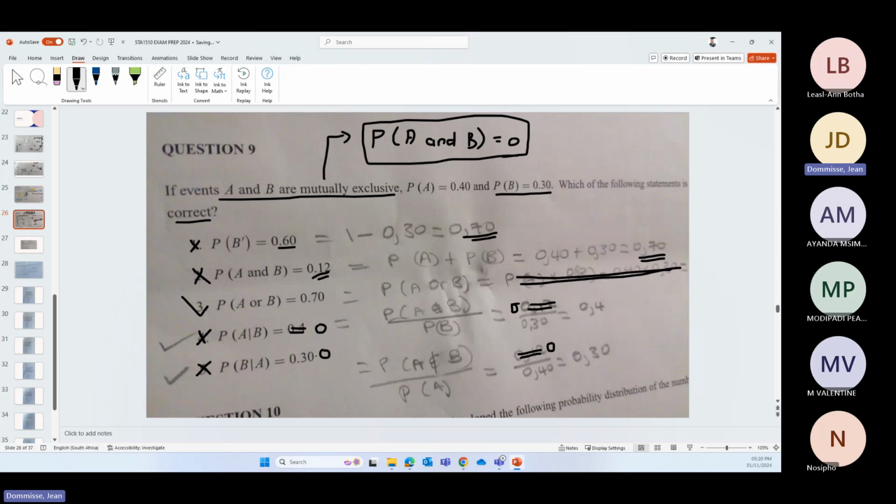So that is how we then know that 3 is the correct one. For 4 and 5, the given is also 0 because the A and B is 0. So you don't need to work out the A times B because it is given as 0.